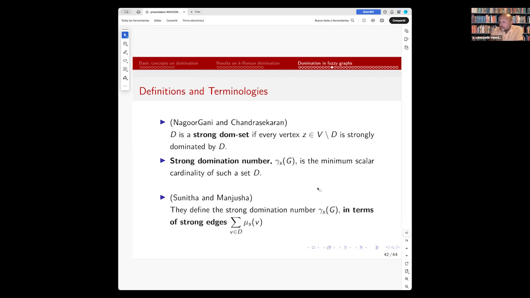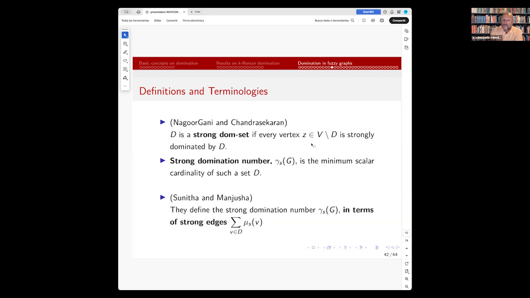Well, some authors have studied corresponding concepts from classical graphs, but in the background of fuzzy graphs. For example, Ghanaian and Chandrasekaran defined the strong domination set as a set such that every vertex outside the set is strongly dominated by a vertex in the set.